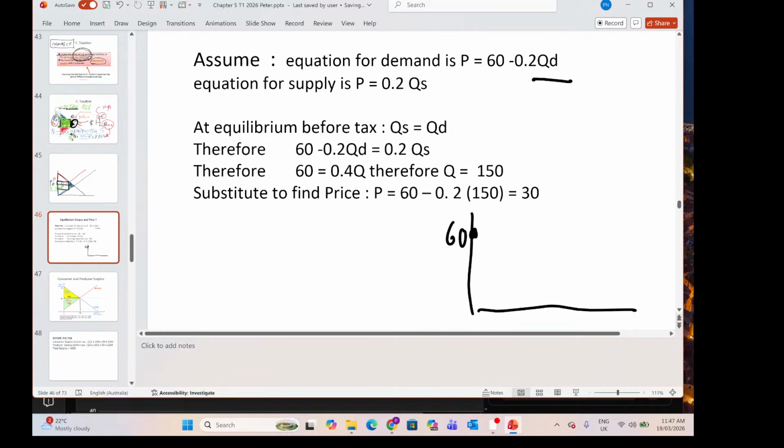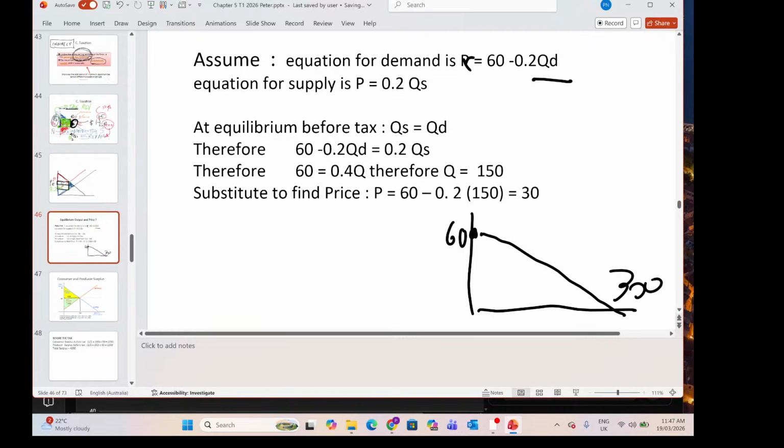And if there's no price, then 0.2 of Q would equal 60. So essentially the quantity will be 5 times the price. So that line is going to look like that. The horizontal intercept, the quantity, will be 300.